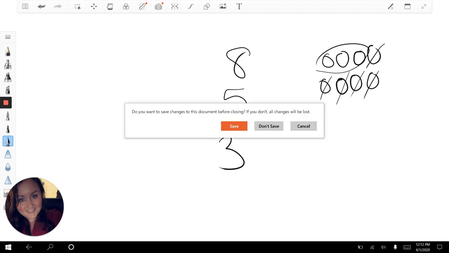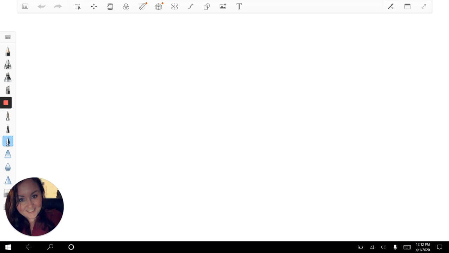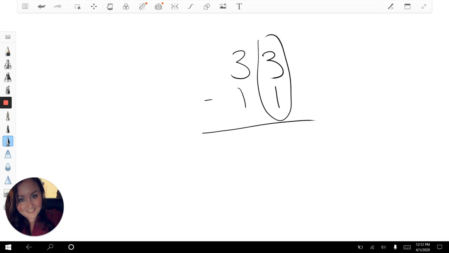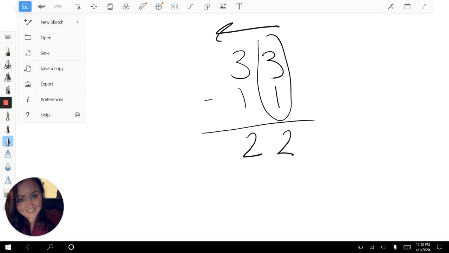Okay. And it's the same as we get bigger. So if I have 33 minus 11, what we're doing is we just focus on the 1s and we're working our way from right to left, same as multiplication. So 3 minus 1 is 2, and 3 minus 1 is 2. So 33 minus 11 is 22.